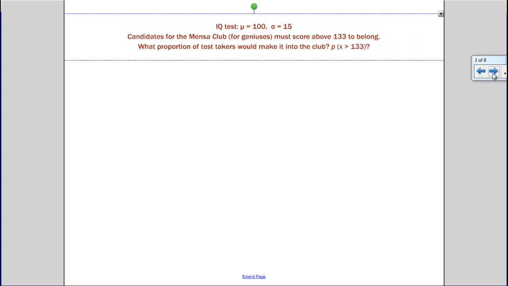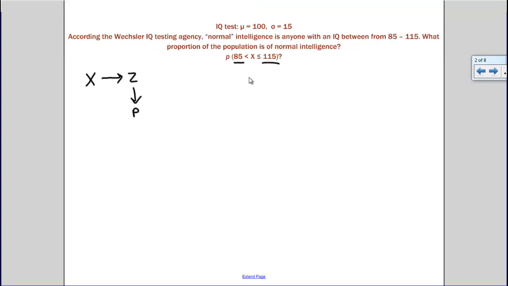Like in another example, where we only have one x value that we're interested in, everything that's greater than 133, we'd just find z for 133 and then look for the correct proportion. But here, we're looking at two different scores. So we need to find two z-scores, draw our picture, figure out what we're looking at in the table, which proportion, and then we will figure it out.